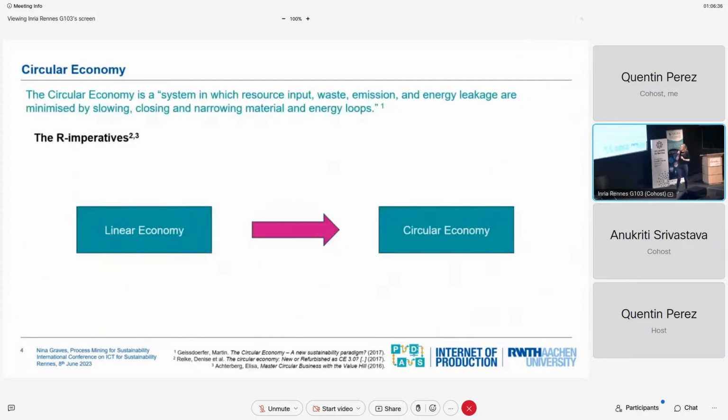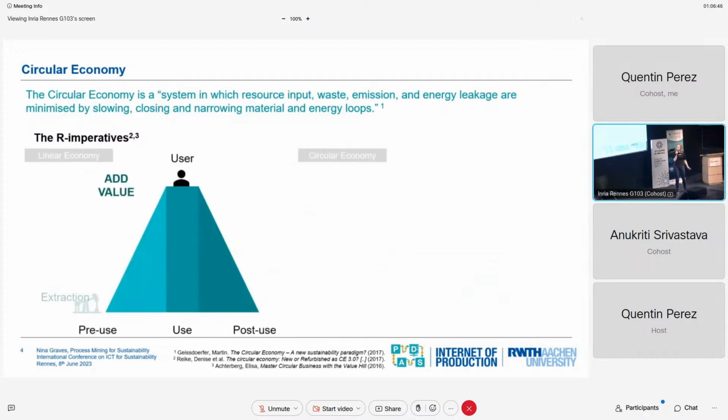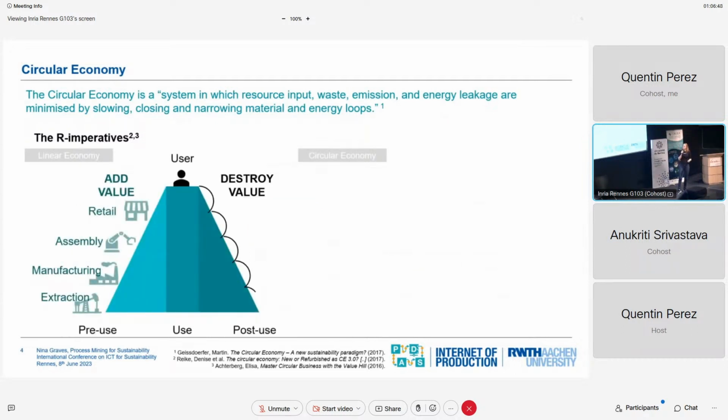Speaking about sustainability, I would like to talk a bit about the circular economy. The idea is that we transition from a linear economy to a circular economy. We transition from how we currently live, where we extract raw material from earth, manufacture stuff, assemble final products, and sell them.